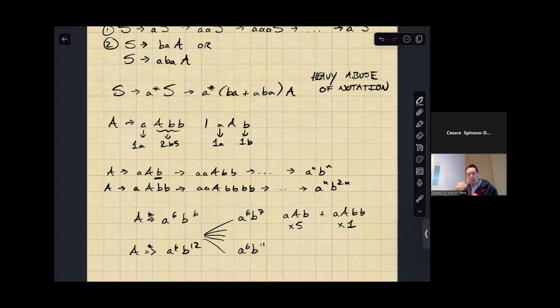I'm not going to prove that to you, but you can try to think and see why you can get any number in between n and 2n. For instance, in this almost extreme case, I can use this production rule once, so I get 1 B, plus I use this production rule 5 times, so 5 times 2 is 10 B's plus 1 B, so 11 B's, right?